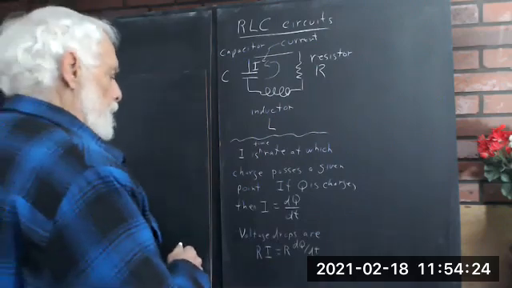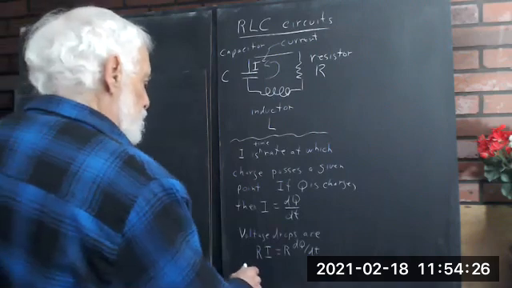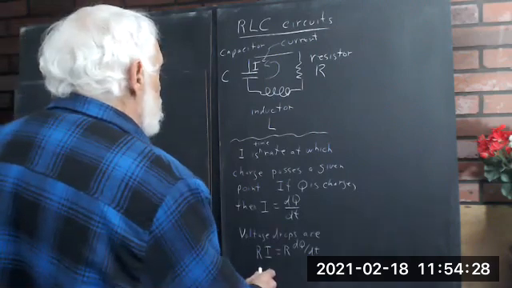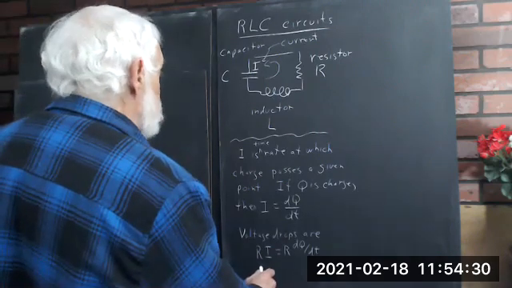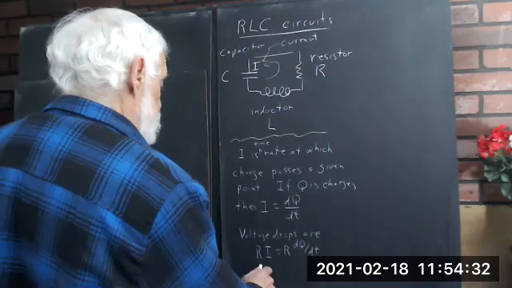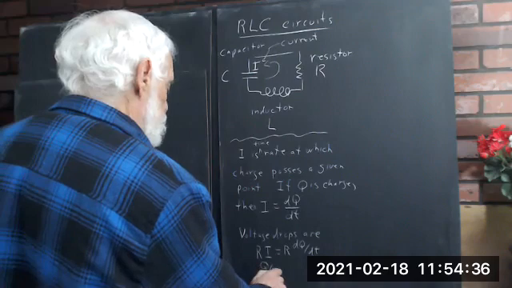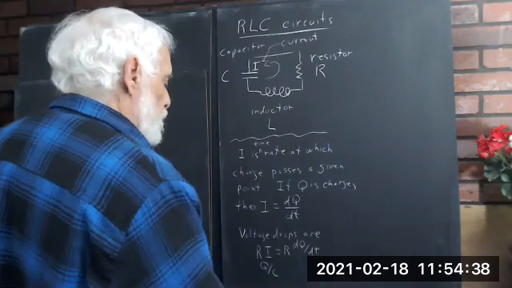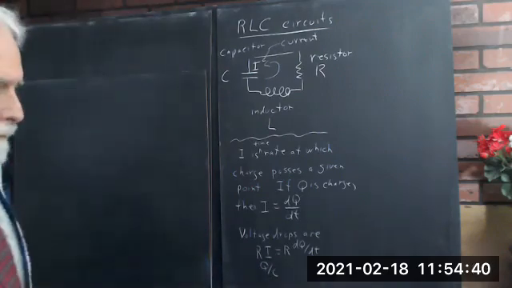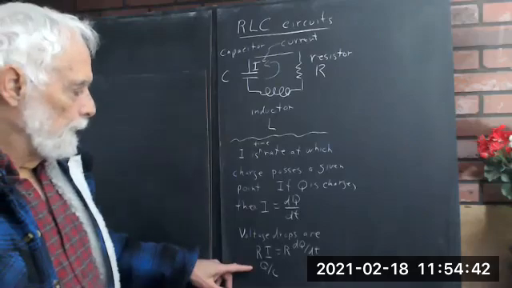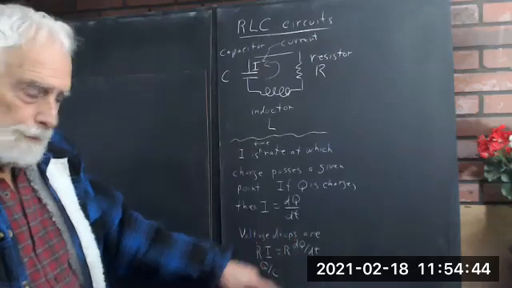And then across the capacitor, it's going to be Q over C. So you see we got Q, we got a dQ/dt.